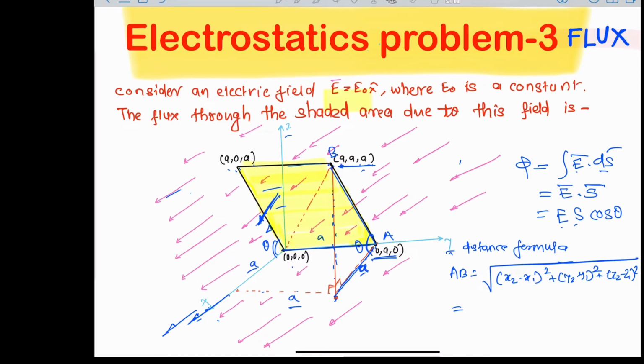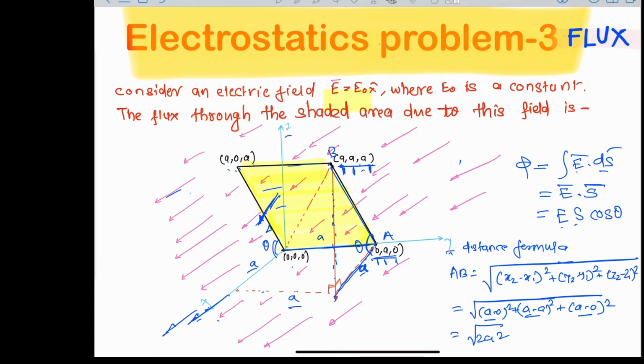Here x2 is A, y2 is A, and z2 is A. x1 is 0, y1 is A, and z1 is 0. So I will have A minus 0 squared plus A minus A whole squared plus A minus 0 whole squared. It will be A squared plus A squared, so 2A squared, and this is 0. So it is root 2 A. So this side is root 2 A.